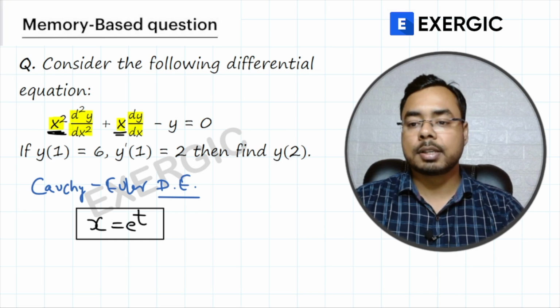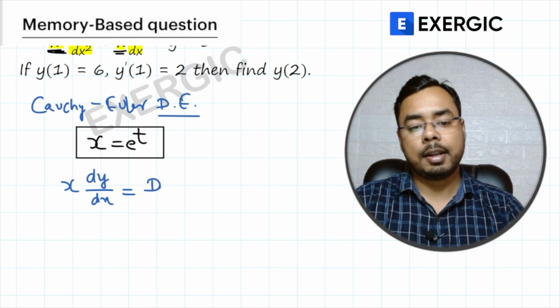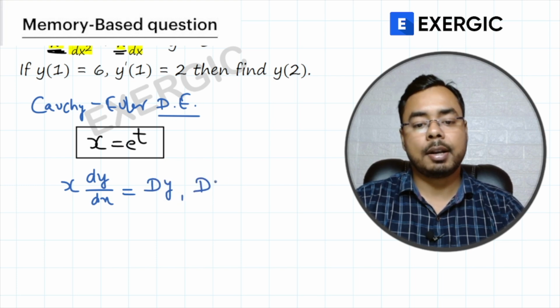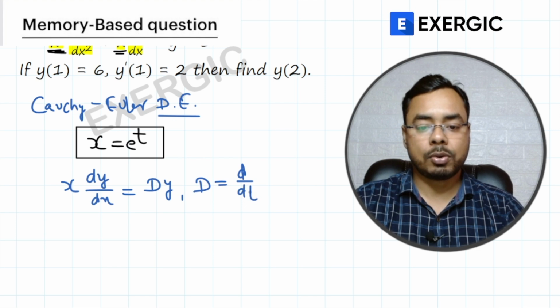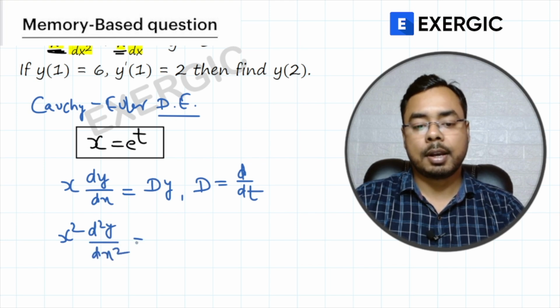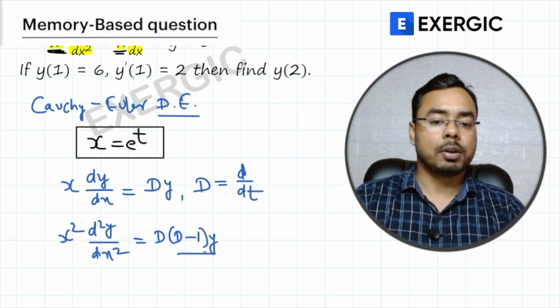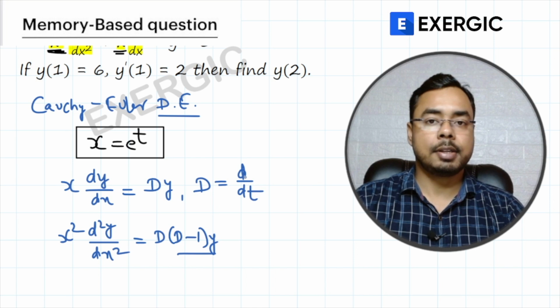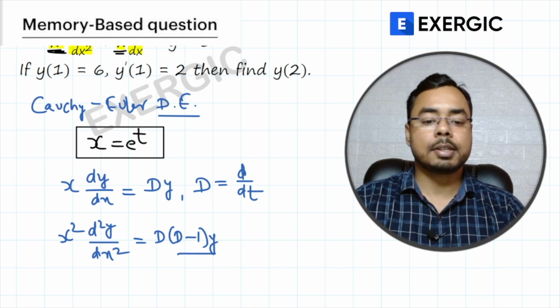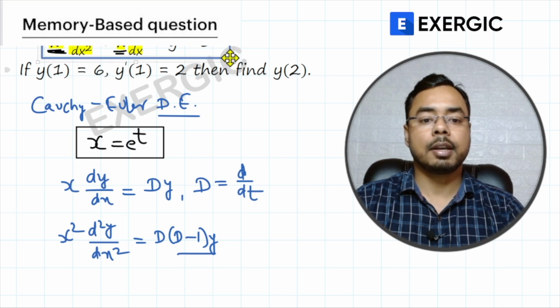Now, the moment you do this substitution, in place of x dy by dx, you can write capital D y, where this symbol capital D represents the derivative with respect to t, right? And similarly, in place of x square d2y by dx square, you can write D(D minus 1) y, and again capital D is d upon dt. So once you do this substitution, you can write this differential equation as, this was the given differential equation.